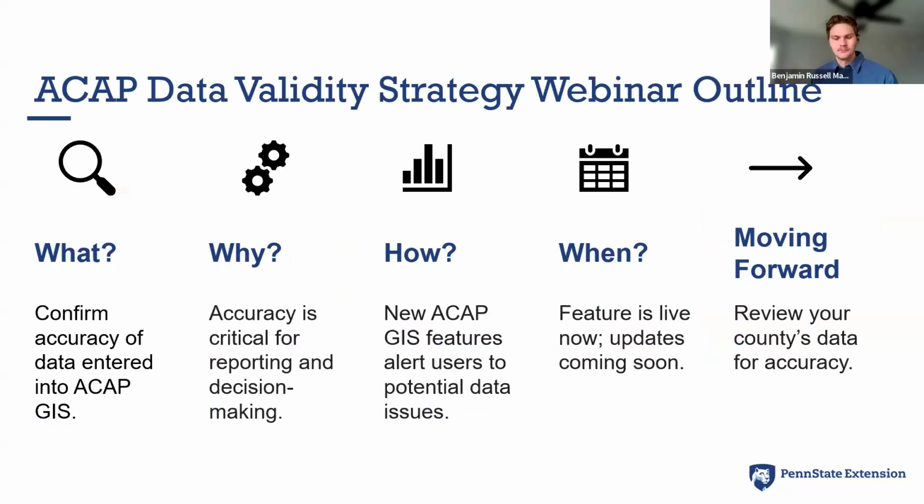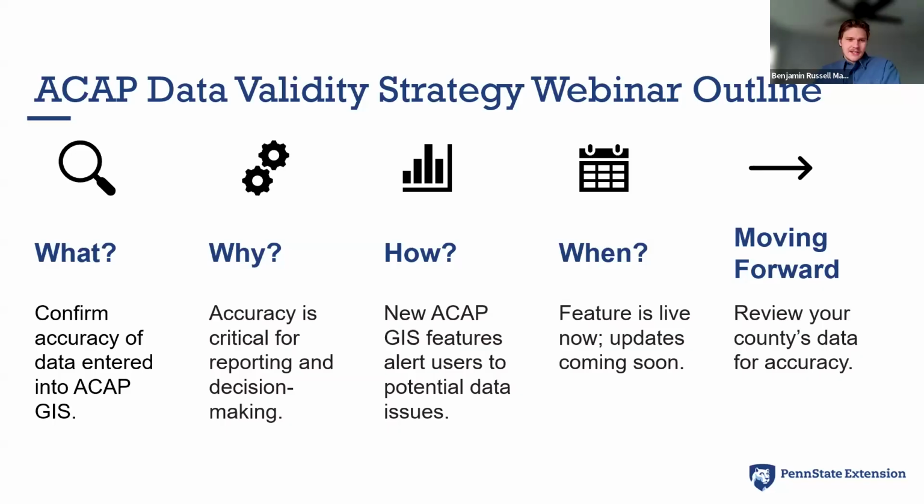Yeah, thanks, Elaine. Good morning, everyone. Like Elaine said, we work together on the ACAP GIS Reporting Tool, and we're excited to share with you all a decent-sized update to the tool that we think will really help with the overall accuracy and uniformness of the data that's in the ACAP GIS Reporting Tool.